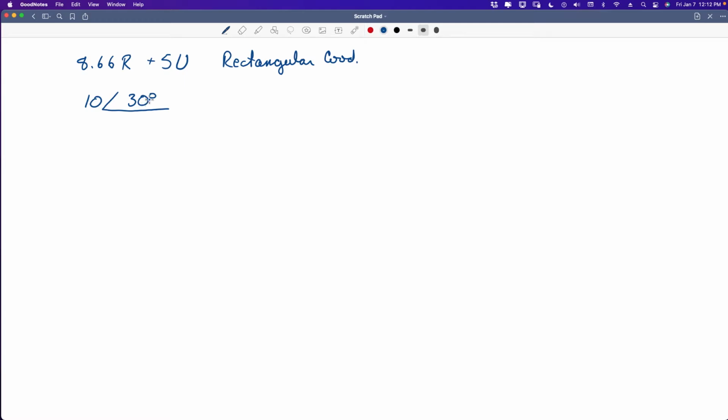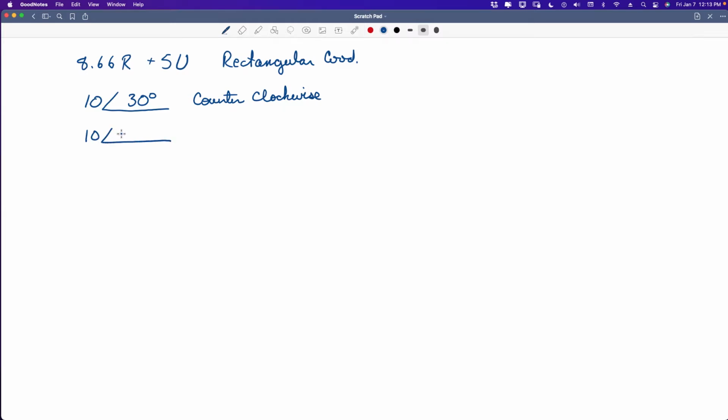Now the positive side we learned was when you are measuring counterclockwise. That means from quadrant 1 to quadrant 2 to quadrant 3 to quadrant 4 on the coordinate plane. And the length stays the same, that doesn't change.